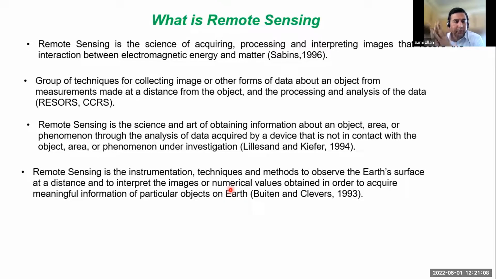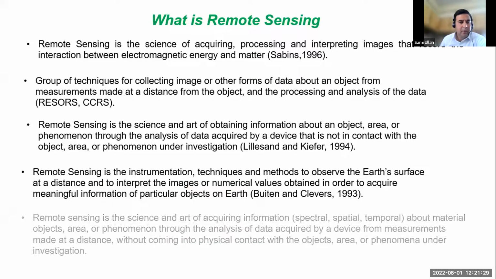So when you are interpreting those images or numerical values, when we are classifying those numerical values to get different information on land use, land cover classes, or any other point of interest, that's also a kind of remote sensing.